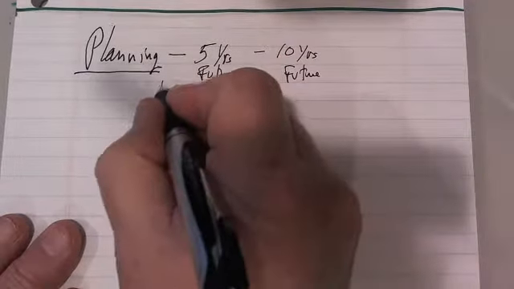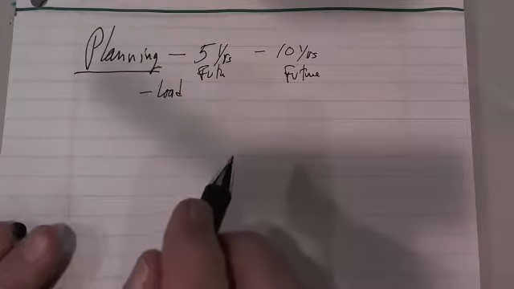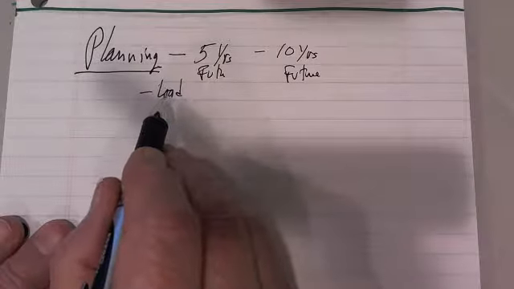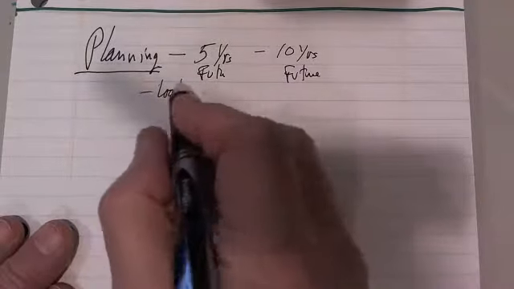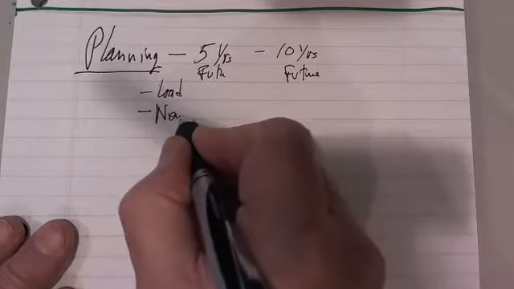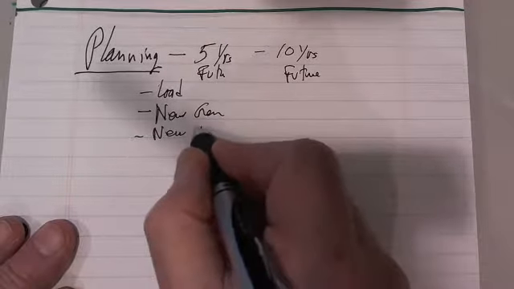And you consider such things as load. Is the load growing, and where is it growing? Where are the houses being built? Where are the apartments and businesses? Where are the factories? Or, where's the industrial load? And we look at new generation and new transmission.